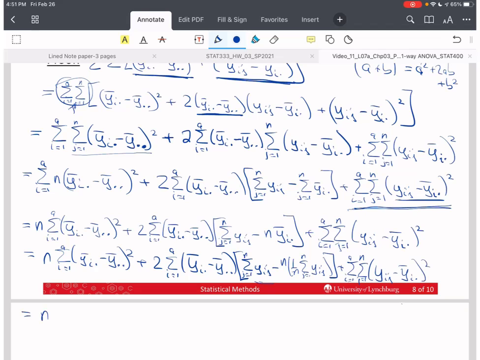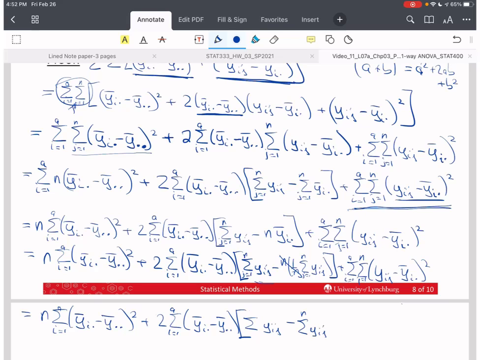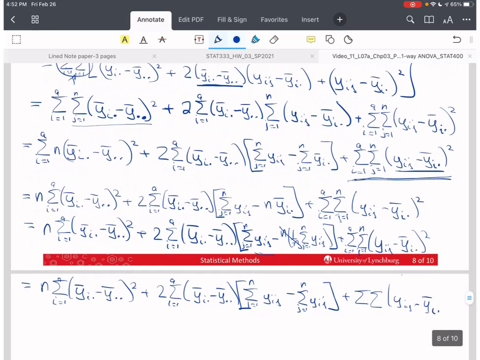And then in sum I equals 1 to a of yi dot bar minus y dot bar squared plus 2 that sum of yi dot bar minus y dot bar, I equals 1 to a here, and then I've got the sum of yij minus the sum of yij, plus the double sum of yij minus yi dot bar squared.